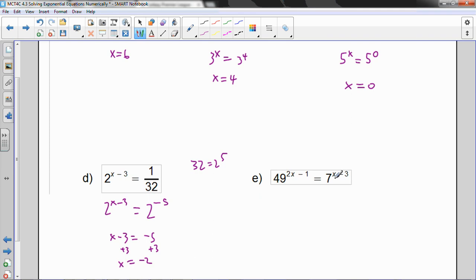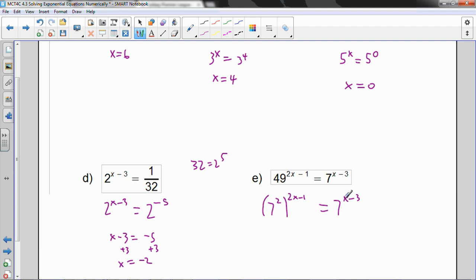Here I've got powers of 7 on both sides. This is 7 squared, but how does it work with all this other stuff? Well, I'm just going to write it in, right? I'm going to copy this down, but I know both sides have to be the same base. 49 is 7 squared, just like that.